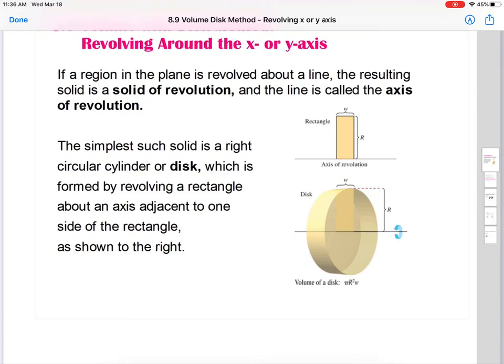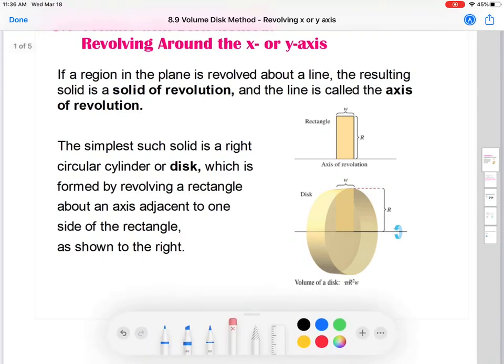Imagine if we took this rectangle that's right there, and we spun it around our axis of revolution. We always draw these strange little arrows in there to show that we're going to spin it around. You can imagine, hopefully, that if you spin that rectangle, you are going to get a disc shape, which is really a cylinder, but we call them discs in calculus for some reason.